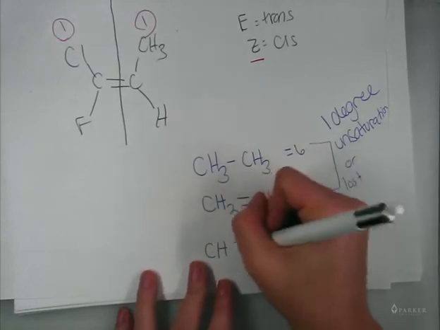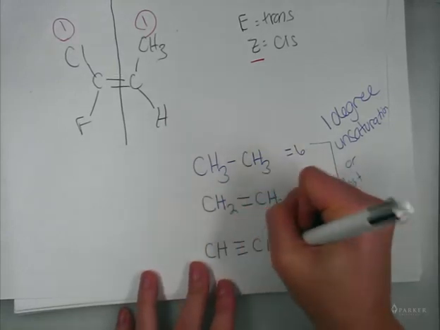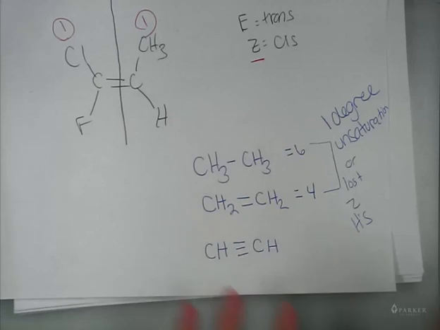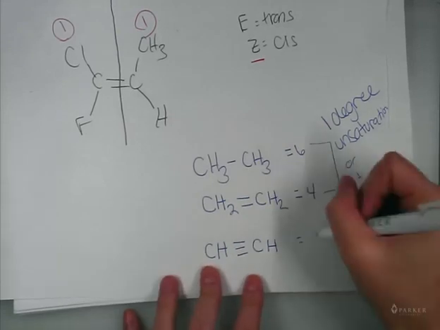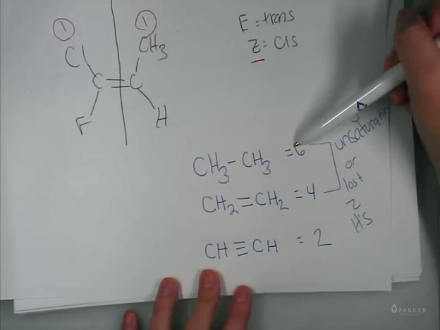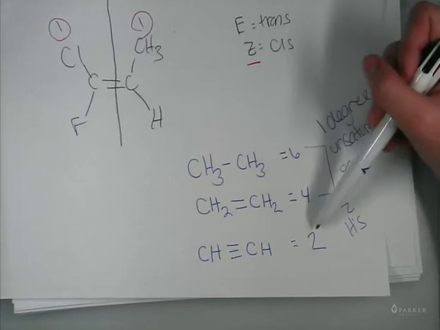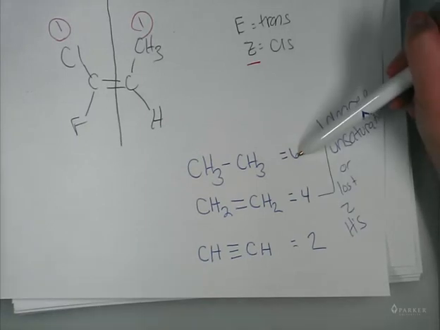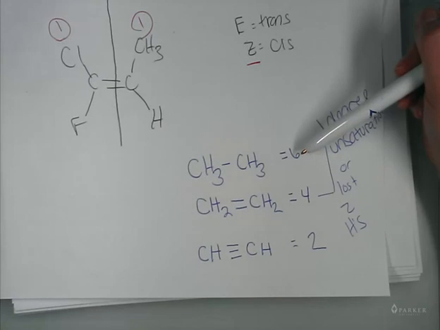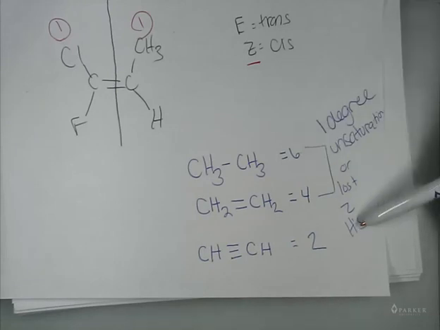So CH bonded to a CH. How many hydrogens do I have here? 2. Now going back to the original, which was 6, how many degrees of unsaturation? 2. So for every 2 hydrogens, that's 1. So how many hydrogens did I lose? 4. So 4 hydrogens, for every 2, that's 1, so that'd be 2.